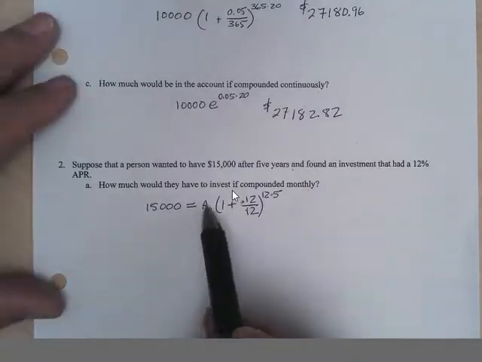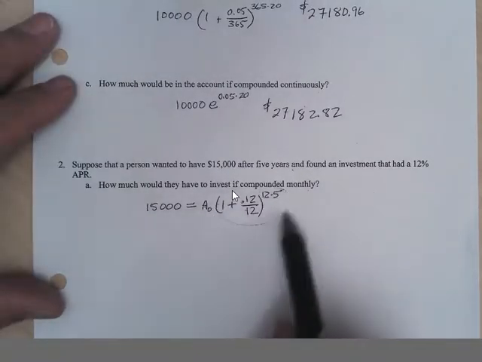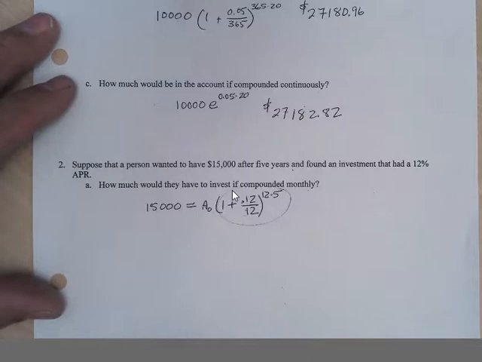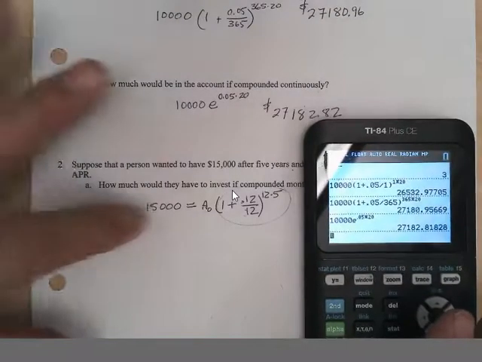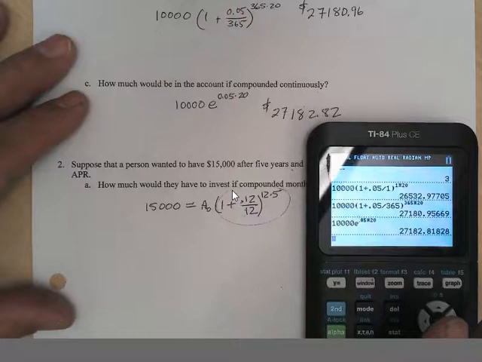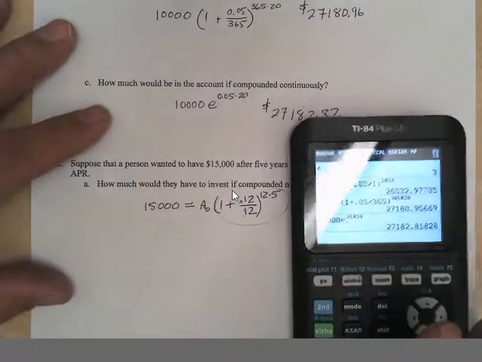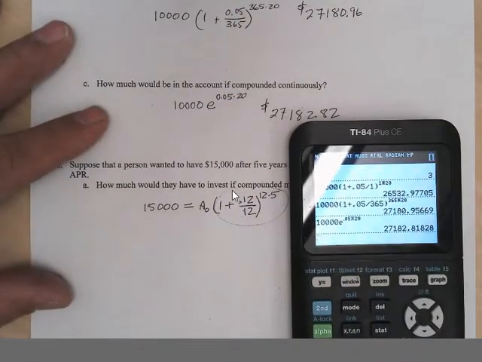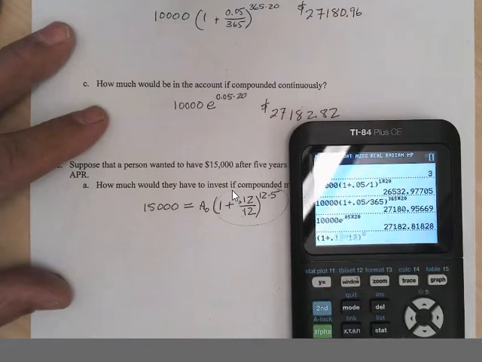To solve for this, we're going to have to divide both sides by this number. Now, I could figure that number out ahead of time, or I could write this divided by that whole expression. I'm going to figure this number out ahead of time so that you can see what that is. So that's parenthesis 1 plus 0.12 divided by 12, close parenthesis, to the, and this is going to be 5 times 12, which is 60.